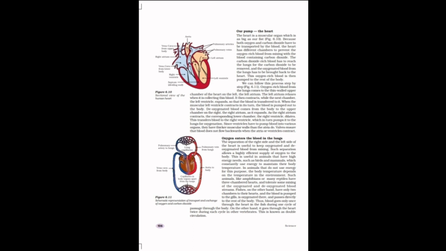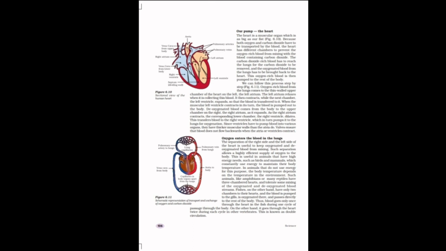Fishes, on the other hand, have only two chambers to their heart, and the blood is pumped to the gills, oxygenated there, and passes directly to the rest of the body. Thus, blood goes only once through the heart in fishes during one cycle of passage through the body.